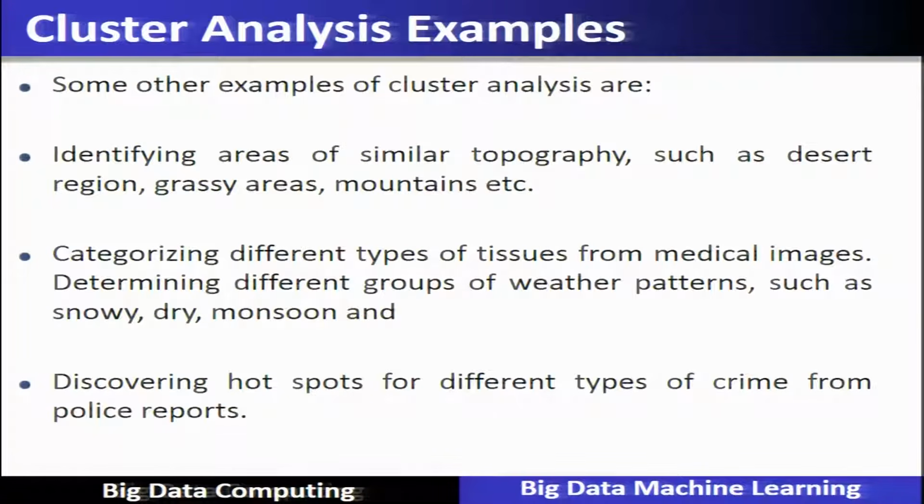Other examples of cluster analysis include identifying areas of similar topography such as desert regions, grassy areas and mountain regions, categorizing different types of tissues from medical images, determining different groups of weather patterns such as snowy, dry and monsoon, and also discovering the hot spots for various types of crime from the police records.